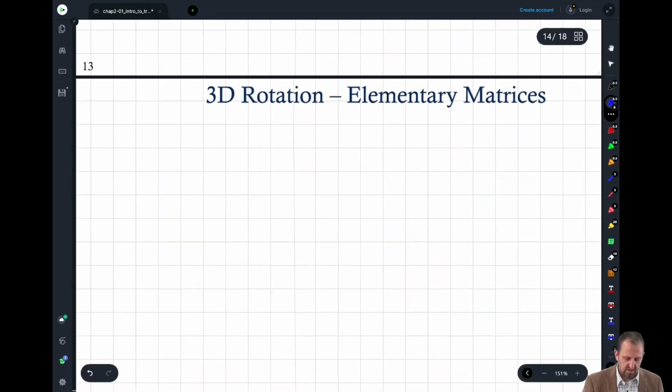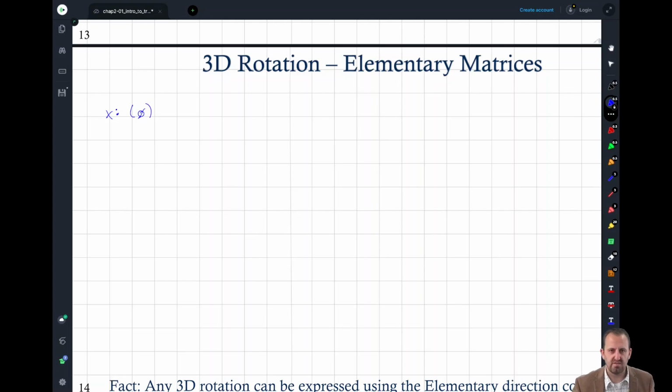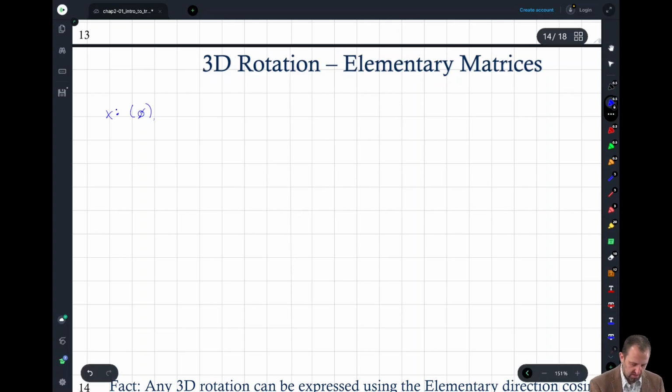For the 3D case, there are 3 elementary rotation matrices. The very first one we'll write as R_x, and we're going to write this in terms of a variable phi, which we'll get at in a future lecture.